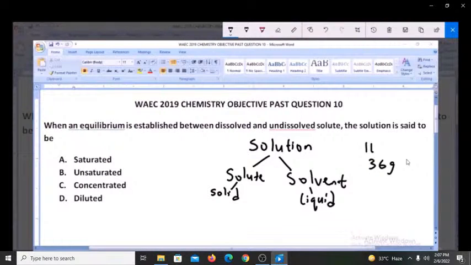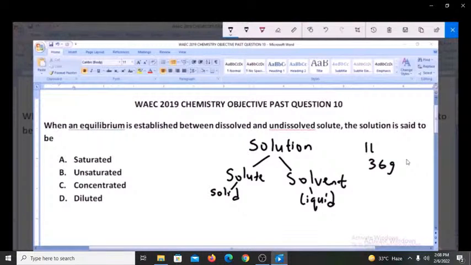Or any other hypothetical temperature. So for an unsaturated solution, the amount of solute that has been dissolved in the solvent is less than the maximum amount of solute that the solvent is capable of dissolving. So let's use the same sodium chloride and water instance.